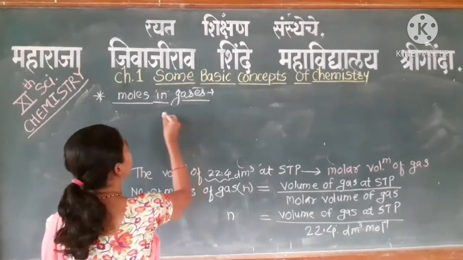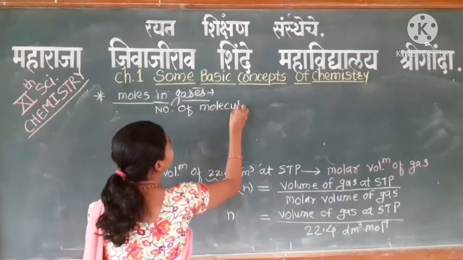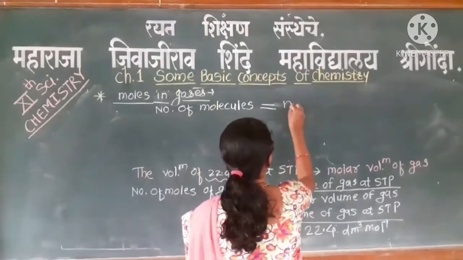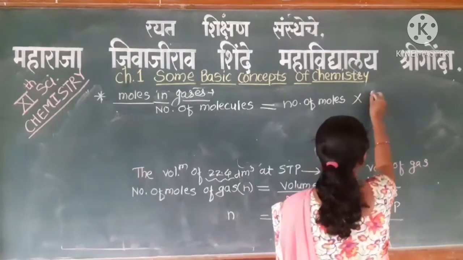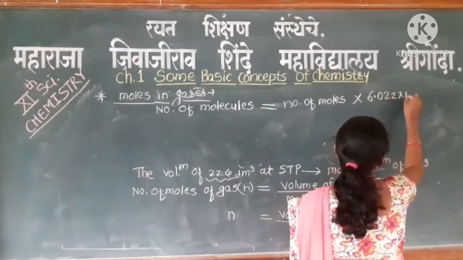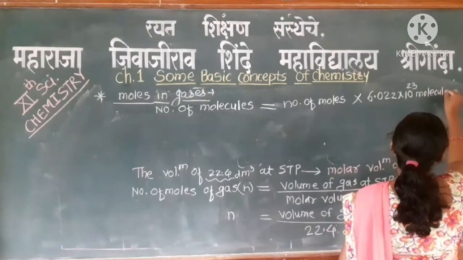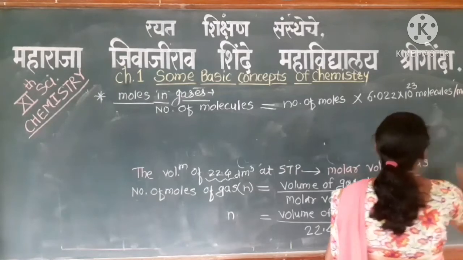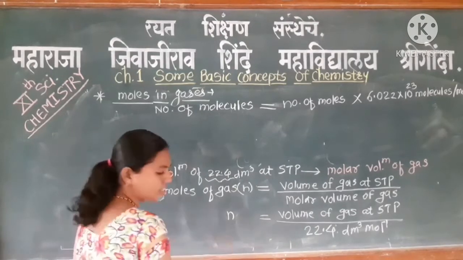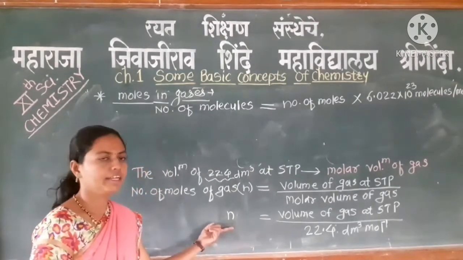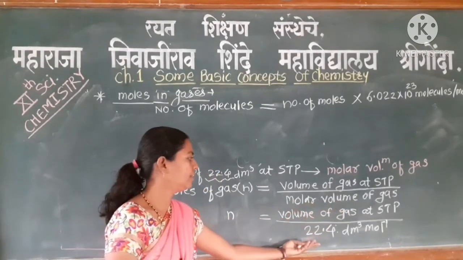From this, the number of molecules is equal to the number of moles into 6.022 into 10 raised to 23 molecules per mole. If we want to calculate the number of moles of gases, we take the formula n is equal to volume of gas at STP, or standard temperature and pressure, divided by 22.4.